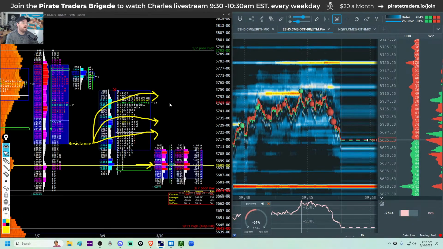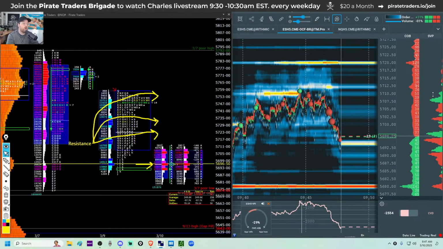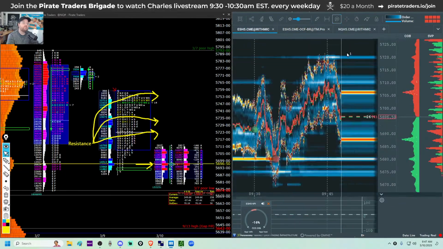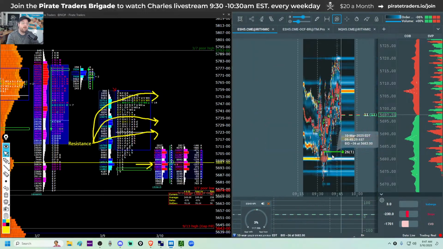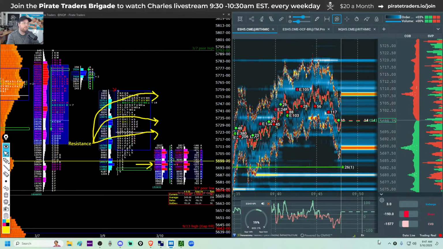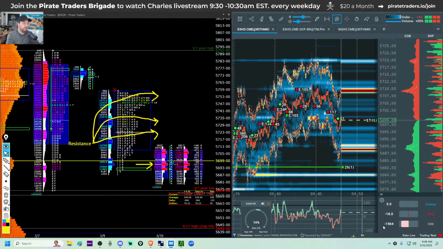And for time, it was 49. Okay, so we're at the halfback. Now we're saying, is this going to hold as support, in which case we expect it to poke back up. If not, we expect it to come down for this iceberg that we talked about, sitting at 82. Can the buyers hold it?